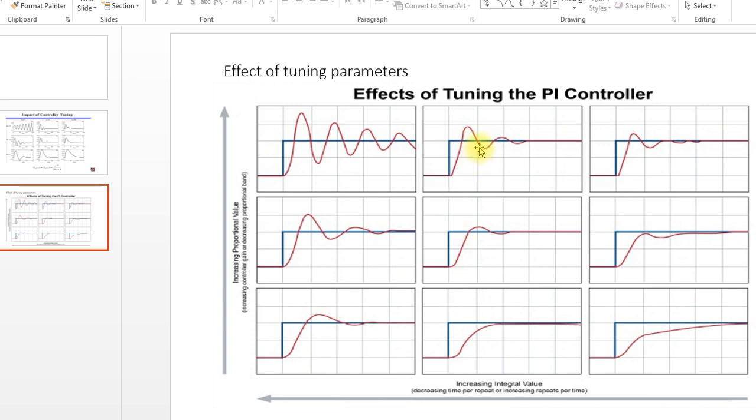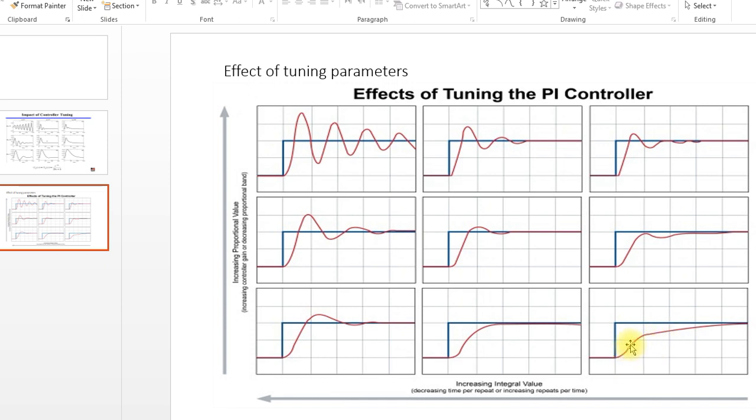So if you compare this and this, tau I is the same, but Kc is smaller, so oscillation is less. Now with a higher value of tau I, it becomes less oscillatory as well as very slow.